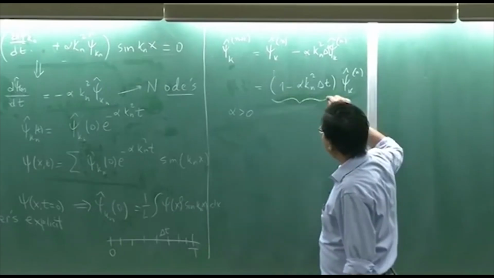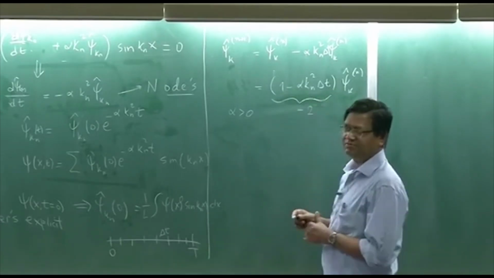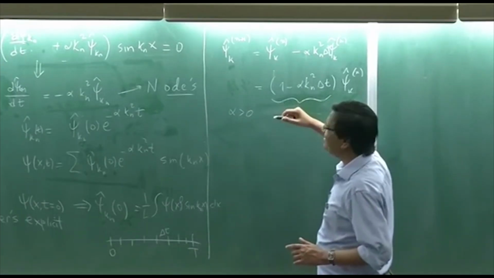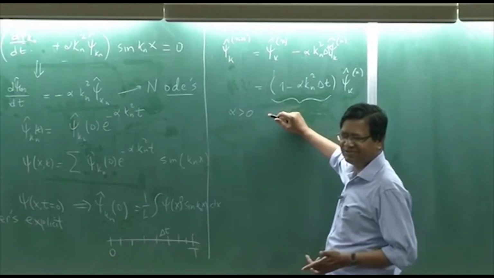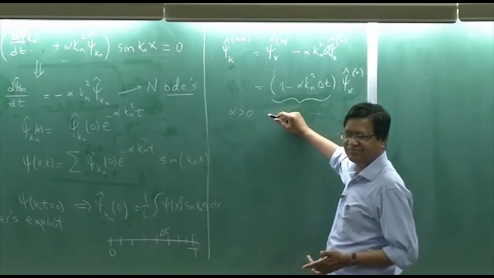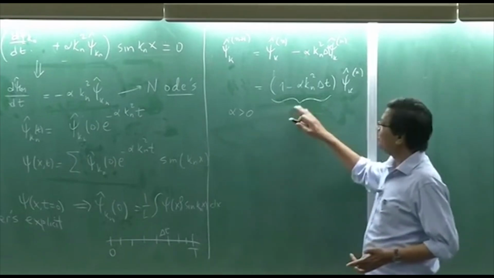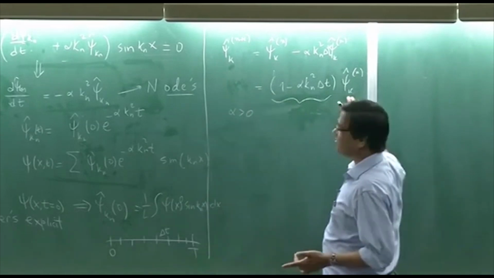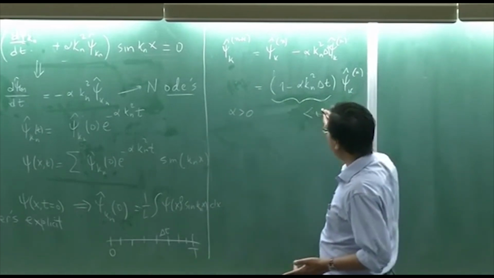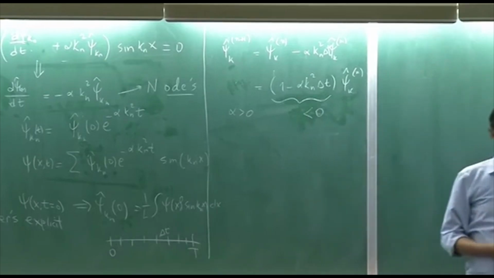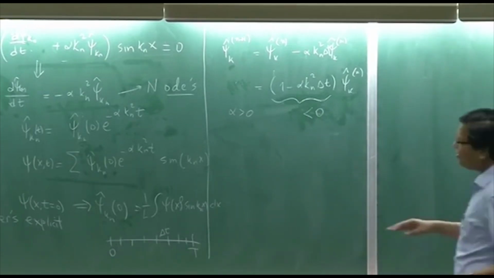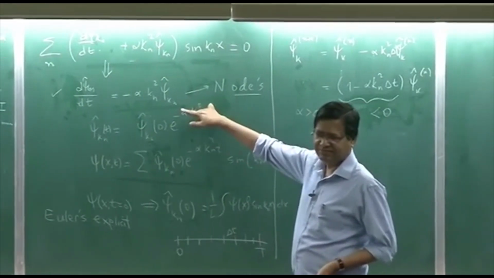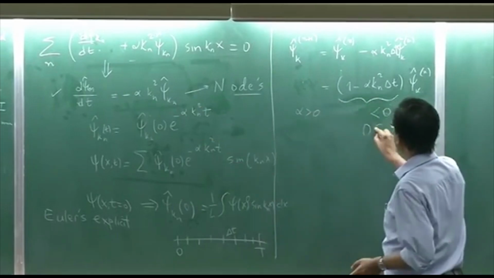If this quantity becomes minus 1, as soon as it becomes less than 0, then there is a problem. I want this function to be positive, but as soon as it becomes less than 0, there is an oscillation, and the real solution does not have oscillation. It is monotonically decreasing, so this creates oscillations.